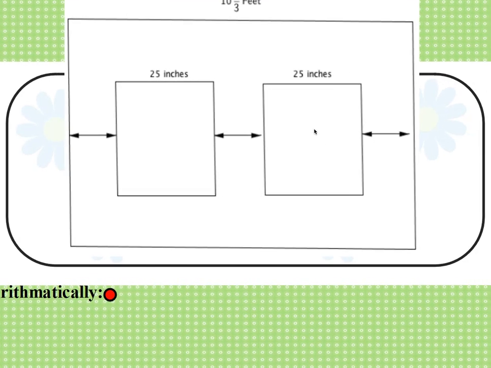So let's go ahead and take a look at what we got. We need to change this right here to inches so that we can work with it. Okay, so how do we do that? Well, how do I find out how many inches is just in this 10 feet? Yeah, I'm going to take 10 times 12, because there's 12 inches in every 1 foot. And then what am I going to do?